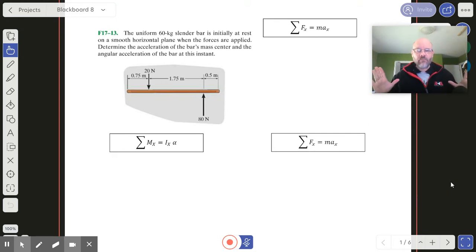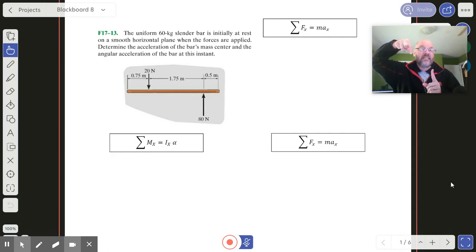So let's just pause and get our head around this thing for a second. So we've got a force up and we've got a force down. All right. The force that's up is stronger than the force that's down. So we expect that it's going to overcome that.